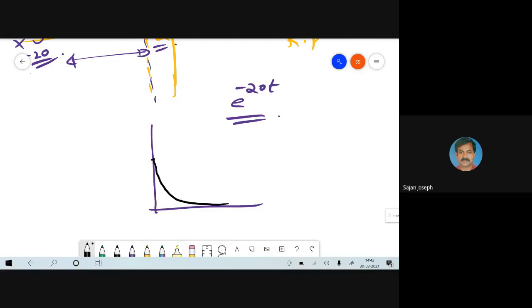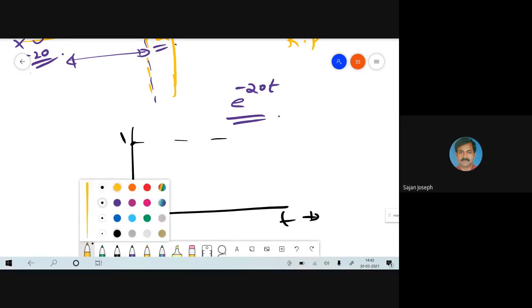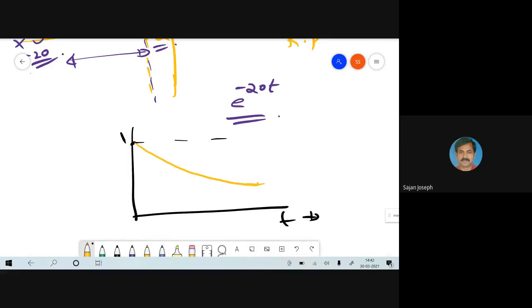If you sketch t versus e raised to minus t, it is like this, then e raised to minus 2t will be like this, and e raised to minus 10t will be like this.